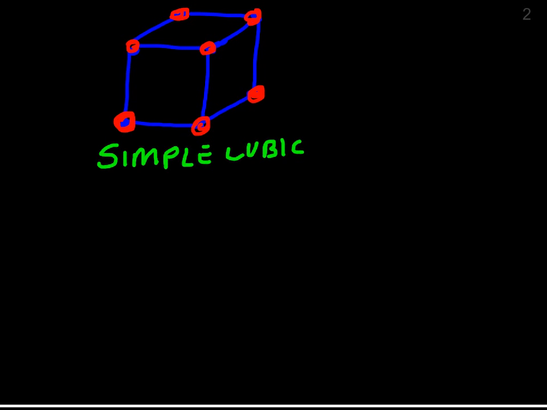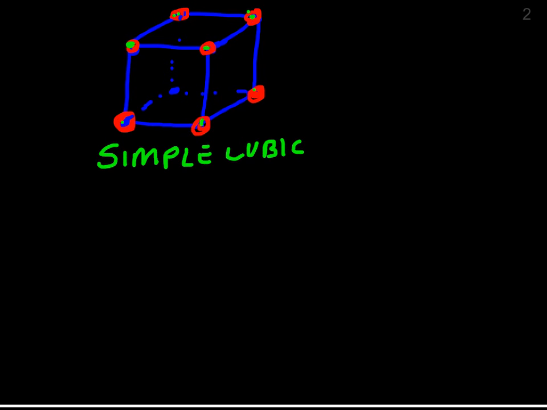If I look at the simplest repeating orientation of this, that's called the unit cell. Coming back here, there'd be another ion there. This unit cell is going to have 8 atoms associated with it.